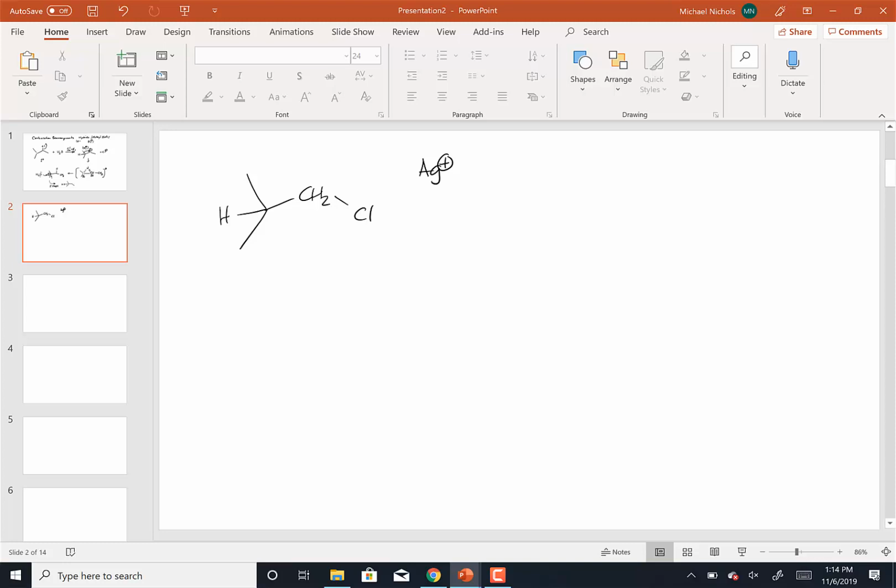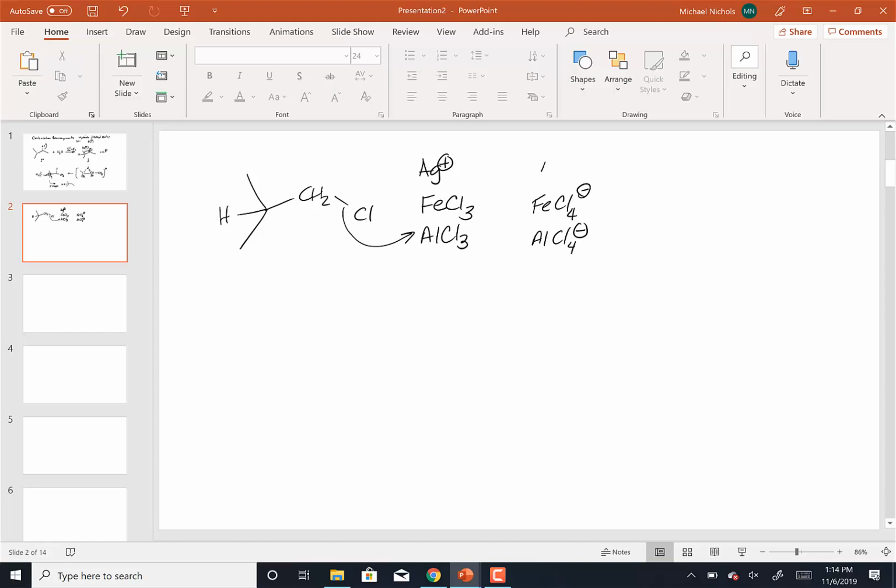But that's one way to make a carbocation. So I could do it that way. Another way that we can do it, which we'll learn about in second semester, is that you can take either aluminum trichloride or iron trichloride, and those metals will actually rip the chlorine off to make FeCl4 minus and AlCl4 minus.